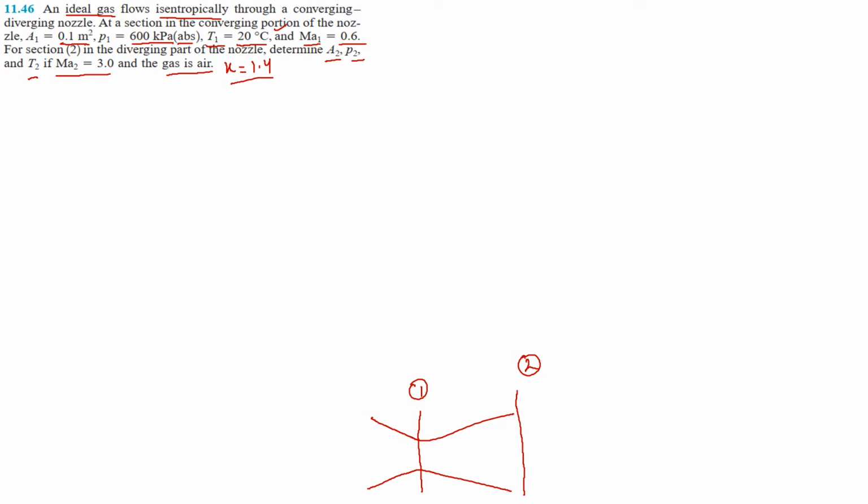So the Mach number is very high at section 2, so we need to find the area at section 2, the pressure at section 2, and the temperature at section 2. So now we are going to use our equations, and then we are going to use that graph that we used in the previous problem.